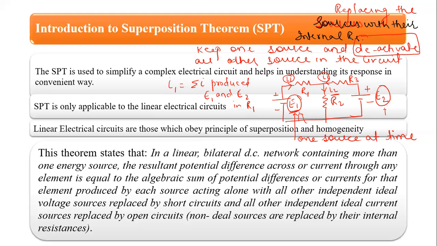A voltage source has a practically very negligible resistance, and ideally it has zero resistance, and a current source practically has very high resistance, and ideally it has infinite resistance. So that means in any branch you can find the current using the superposition theorem, in a circuit which has two or more energy sources.